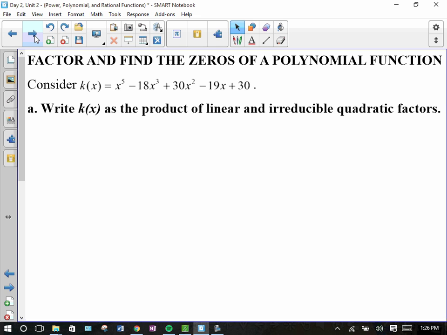So let's look at this problem. You guys got to tell me if you think you need more practice on this, and I do have more practice on this. All right.